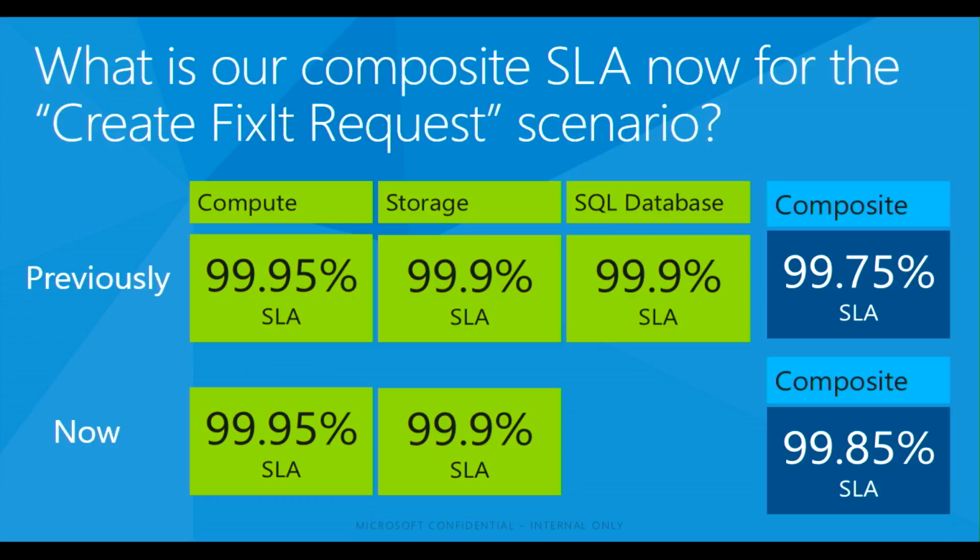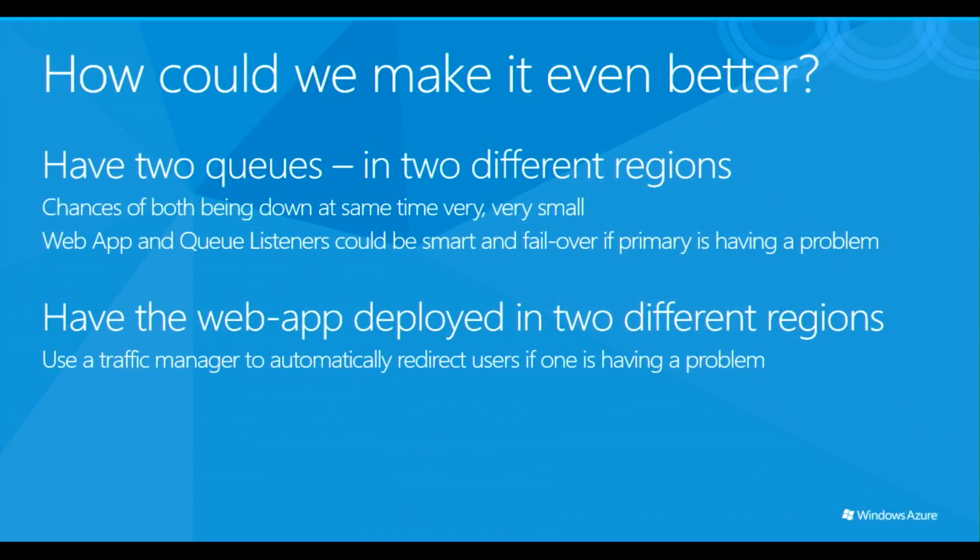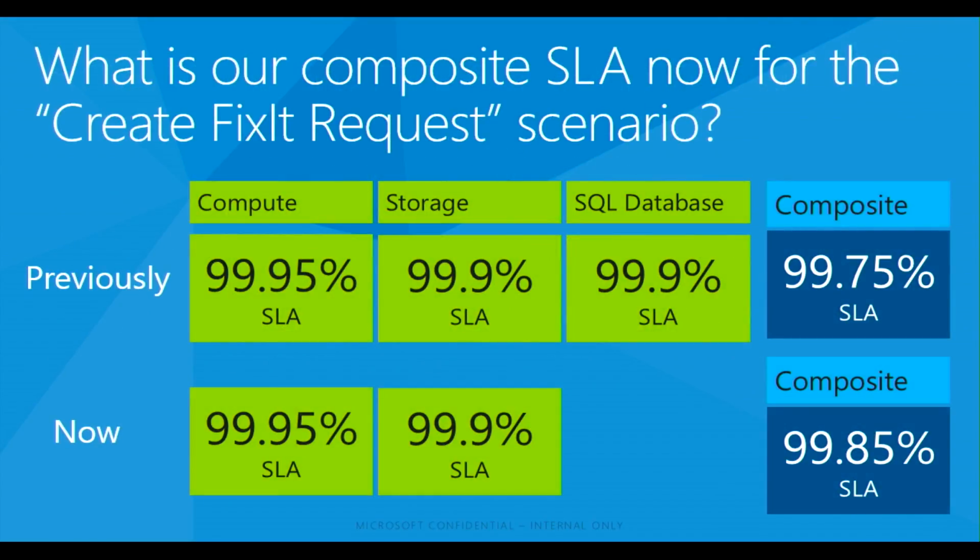If it's having any problems, just post the message to the queue a couple hundred miles away. The likelihood of both of those queue systems being offline at the same time is very, very small, which basically means our SLA went from 99.85 to probably 99.95, since the only dependency now is on the web tier to be operational.